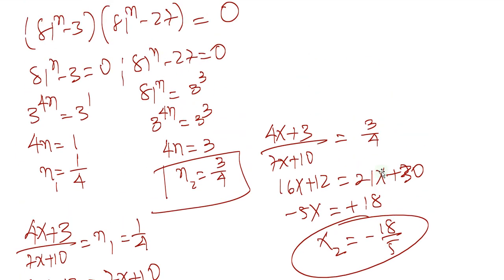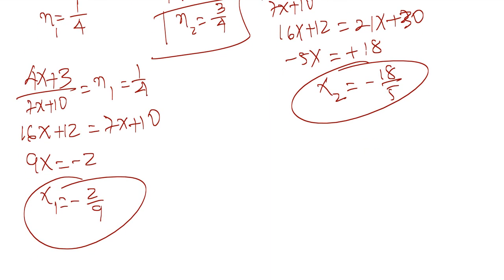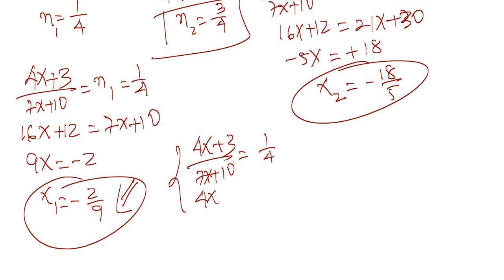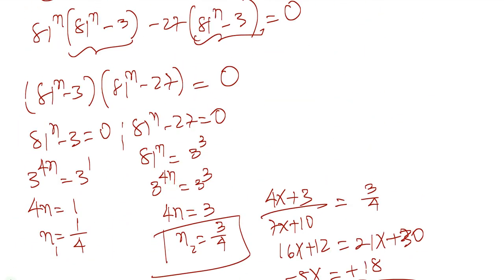To check this, let's just consider this part here. We said that we have two cases. First one where (4x + 3)/(7x + 10) equals 1/4, and from here we got our x1. In the second case, (4x + 3)/(7x + 10) equals 3/4, from where we got this one here. To check, because we have these powers, we're just going to replace them there.